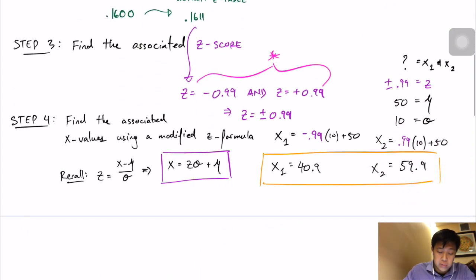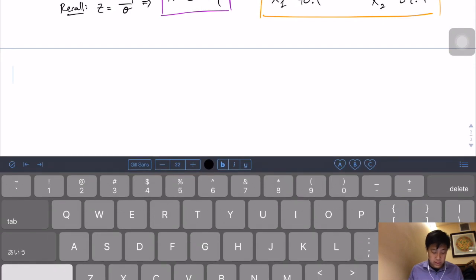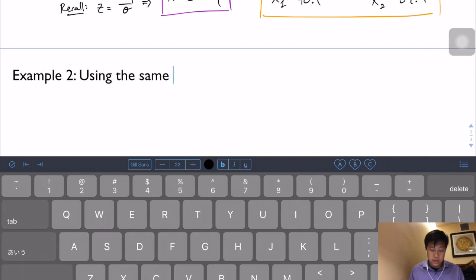Moving on to another example, we're going to use the same exact numbers. This is example 2. Using the same mu, or in other words, population mean, and sigma, standard deviation, as above.